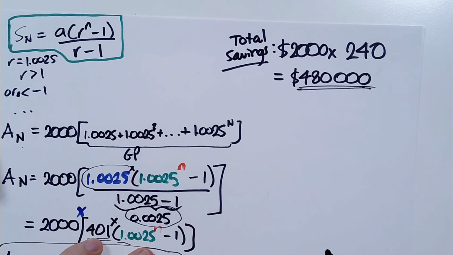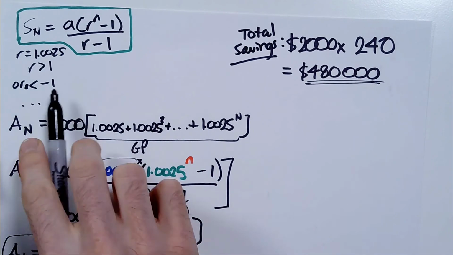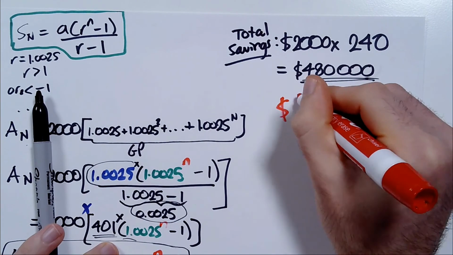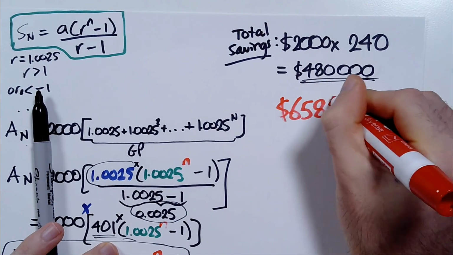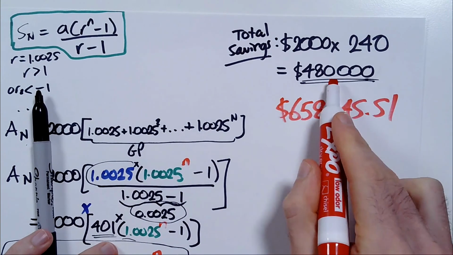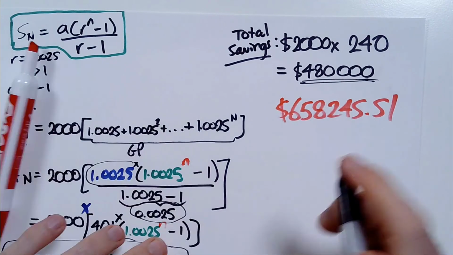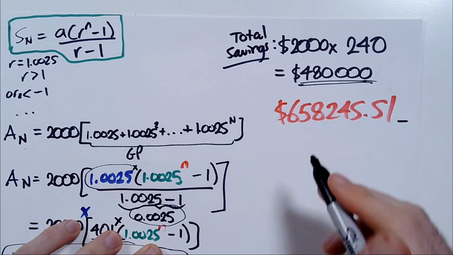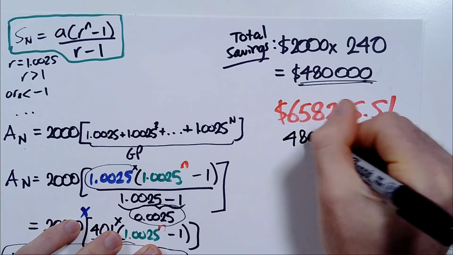That's pretty good. However, that's not as good as what the bank has given you back. The bank has given you back $658,245, even though you only put in $480,000. And the reason for that is because they have paid you interest. So how much interest have you actually earned?